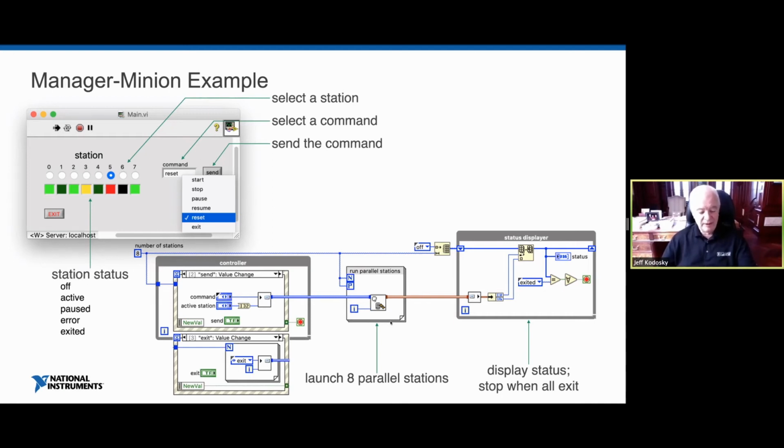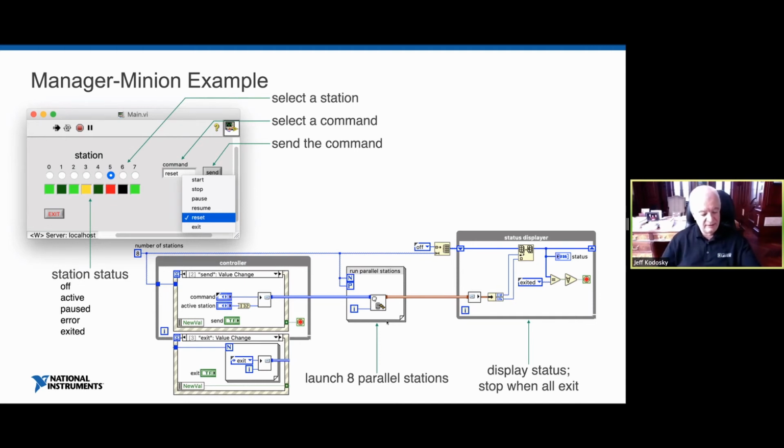So the connection from the host to the stations is using a multiplexed messenger channel. That allows the manager here to talk specifically to a particular station, and each of these parallel instances is given its unique station ID.